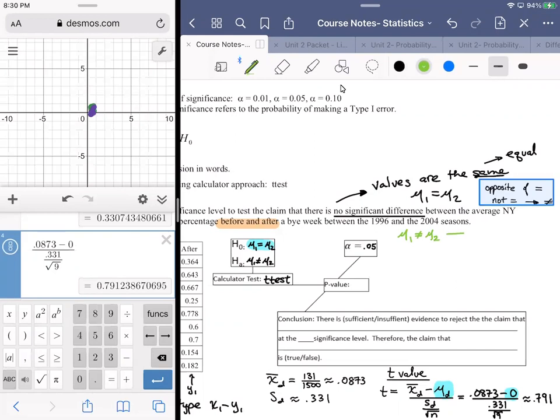What that means, it's really kind of a combo. It means mu1 is greater than mu2, or mu1 is less than mu2. Either of those would fall into that definition.